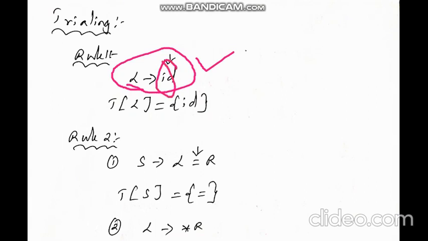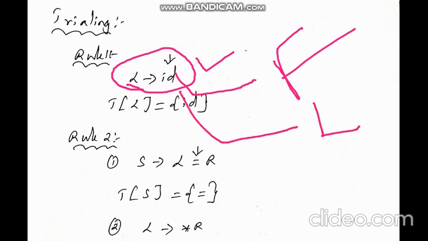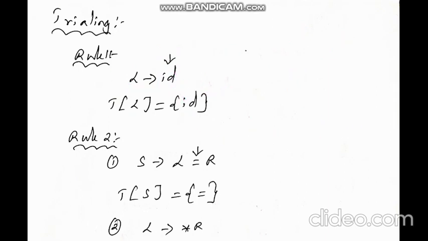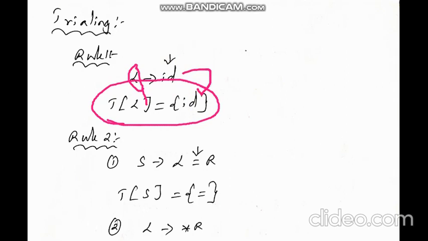One is first, and this is the last. This is actually first and also this is actually last. So this grammar is suitable for both. So rule number 1 has been applied here. You can check it. Trailing of L is equal to ID.